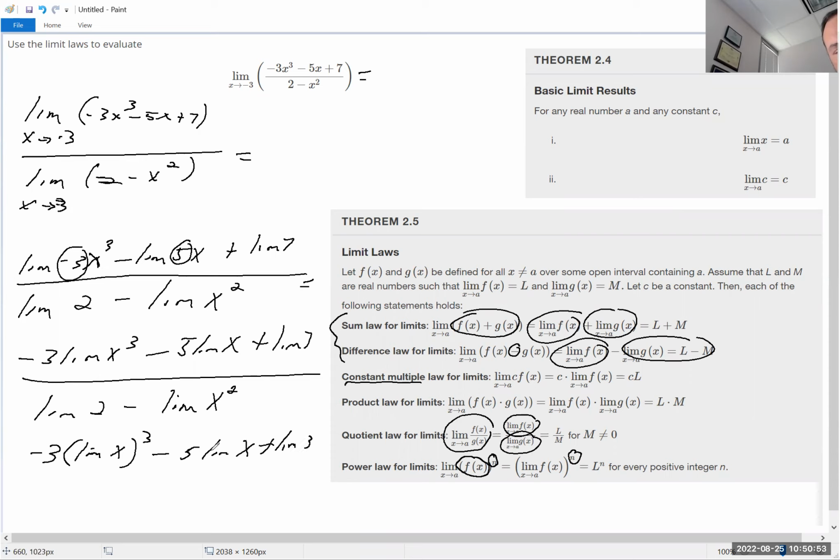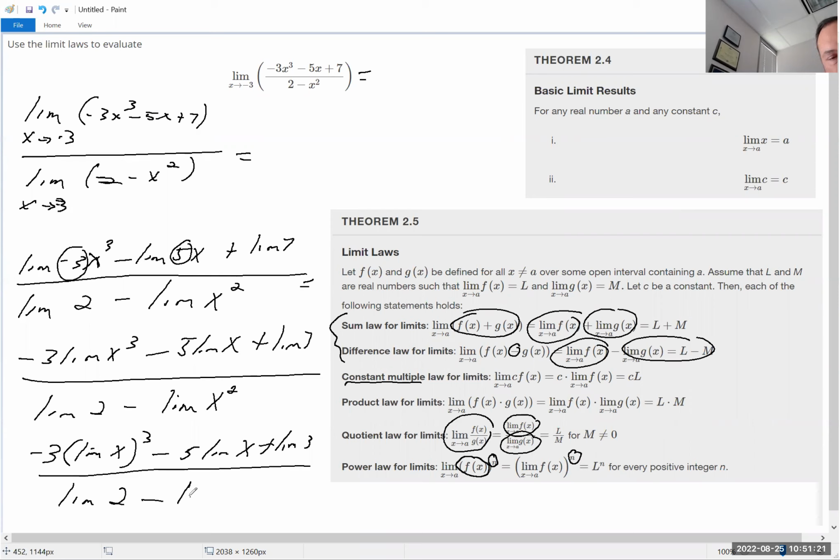Limit of 3, that's the numerator, and then the denominator is that. Let me just verify that I did that the right way. Yeah, so then again I'm going to use the power law.